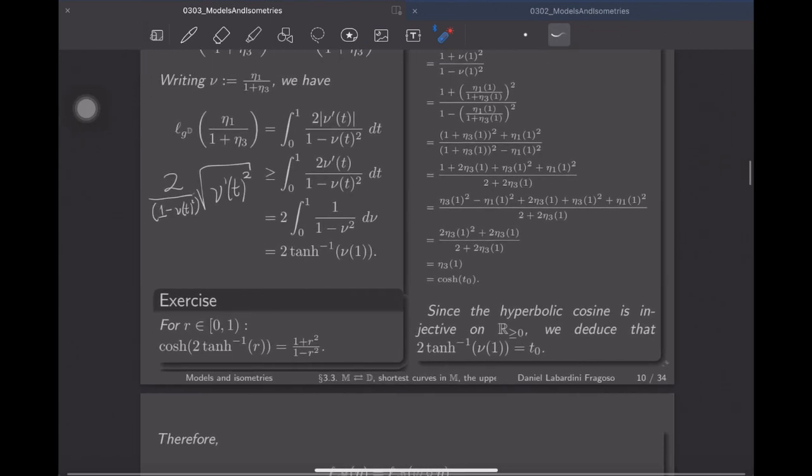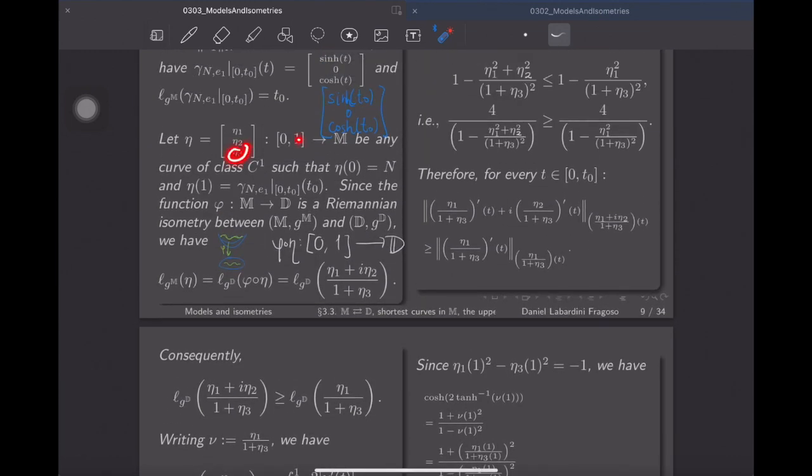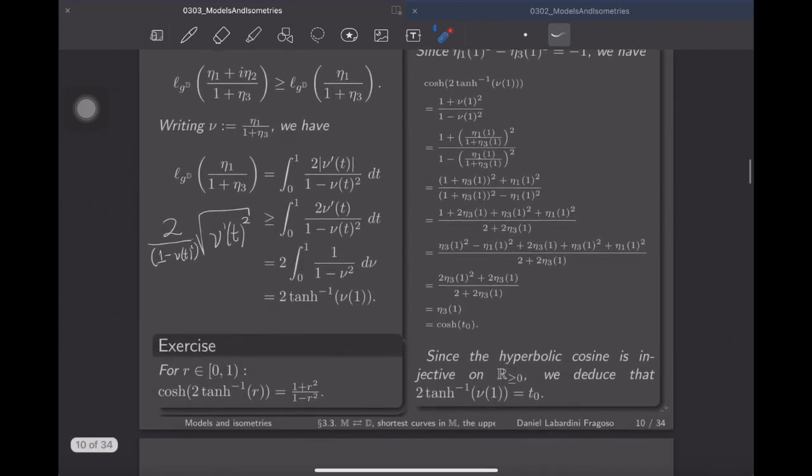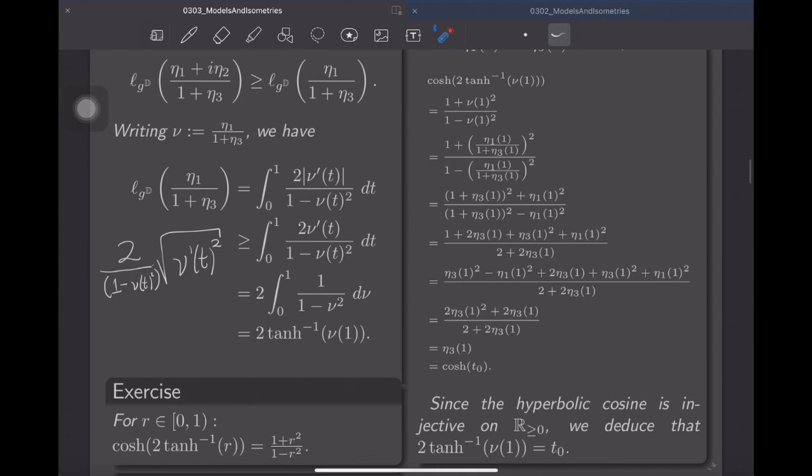But eta 3 of 1 was what? Eta 3 of 1 was hyperbolic cosine of t0. Right? So I arrive at the following. Hyperbolic cosine of this guy is equal to hyperbolic cosine of t0. Now, this is a non-negative number, and t0 is also a non-negative number.